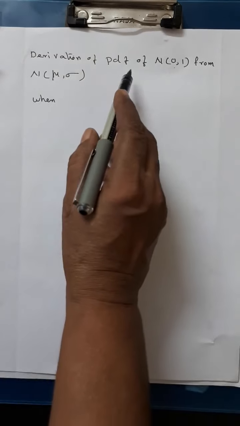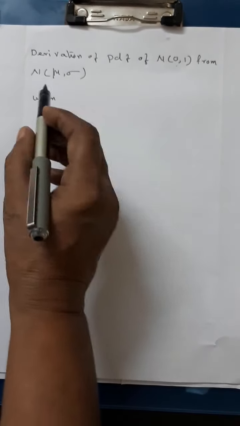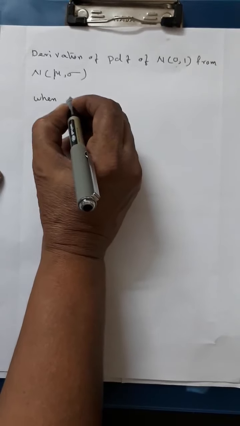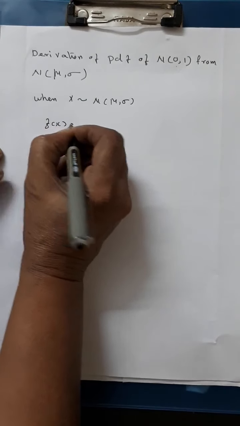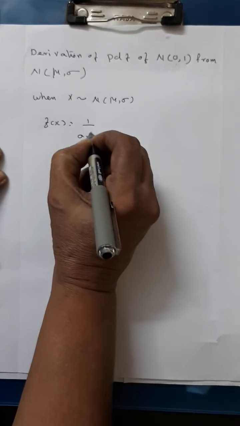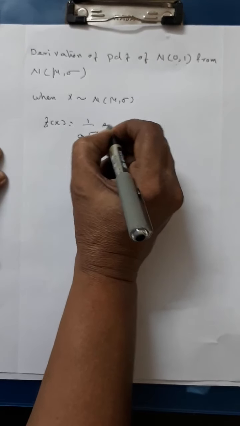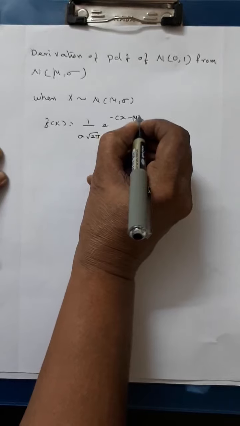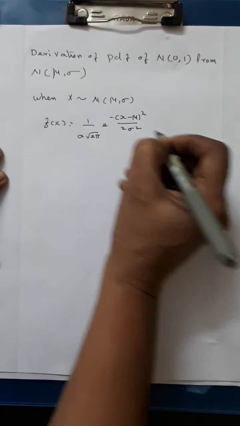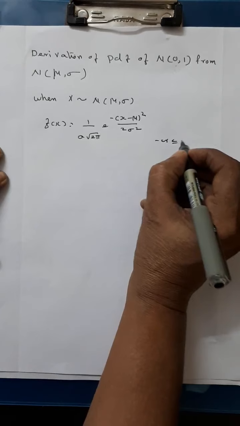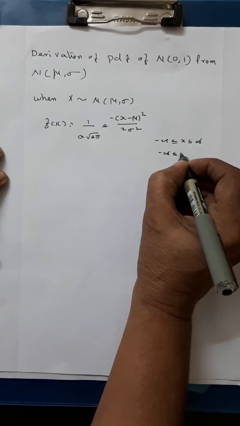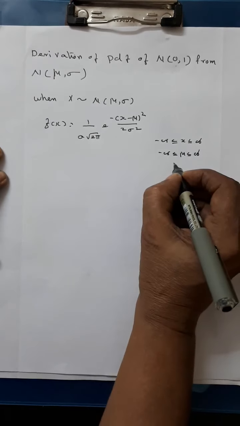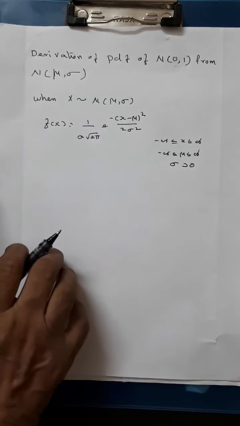That is the derivation of the PDF of N(0,1) from N(mu, sigma). When x follows N(mu, sigma), f(x) is equal to 1 by sigma root of 2 pi e raised to minus (x minus mu) whole square divided by 2 sigma square, minus infinity less than or equal to x less than or equal to plus infinity, minus infinity less than or equal to mu less than or equal to plus infinity, sigma greater than 0.